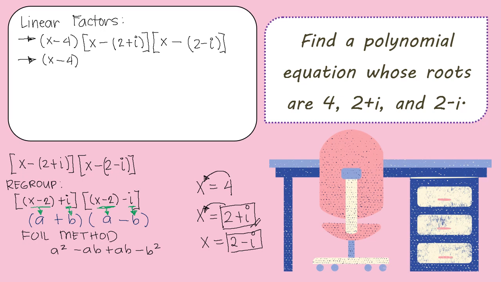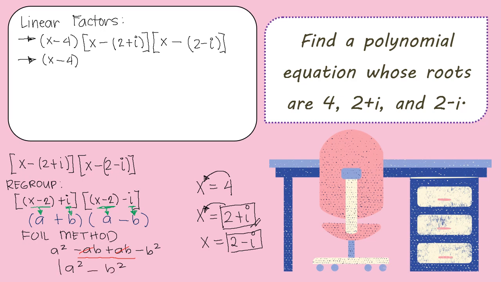And as you can see, we do have here like terms, so we have negative ab and positive ab, so we need to combine these like terms. So combining this, negative ab plus ab, this will be equal to 0. Thus, simplifying it more, we will have a squared minus b squared.